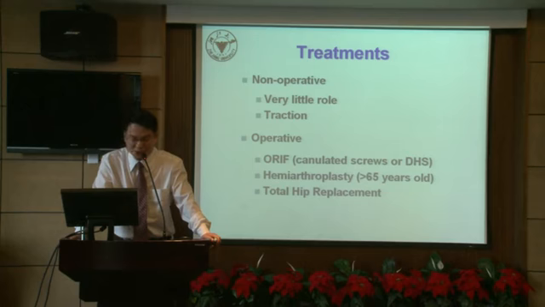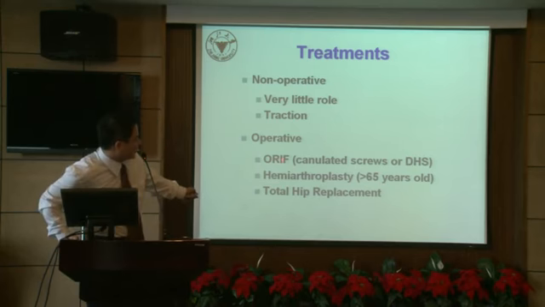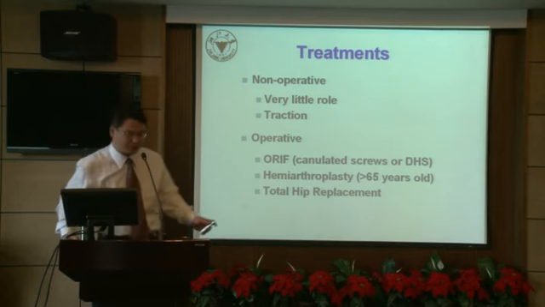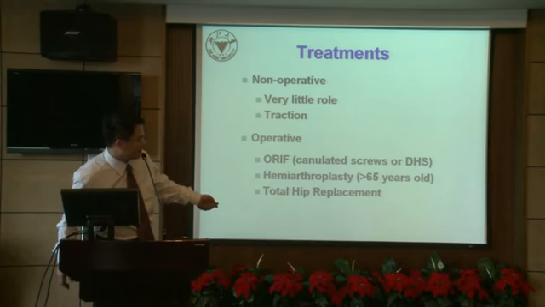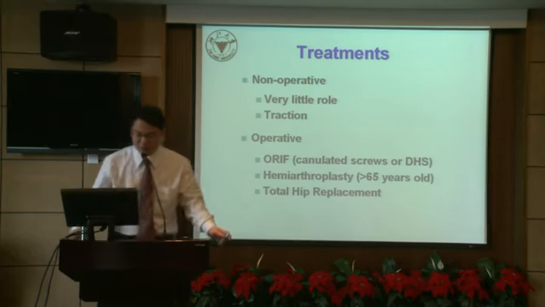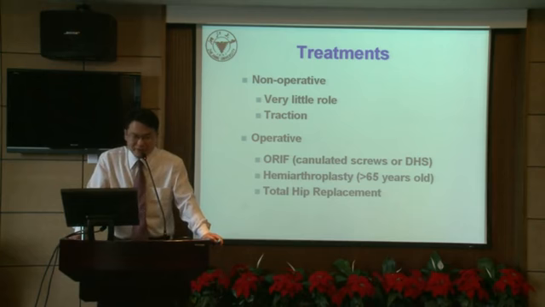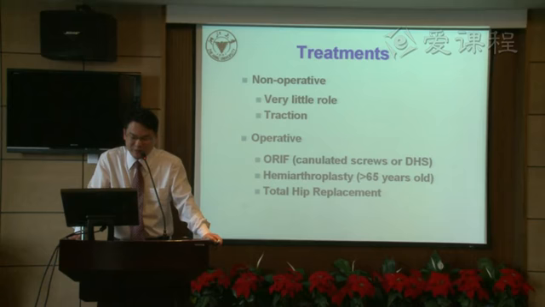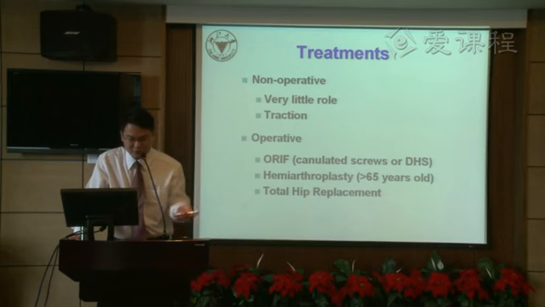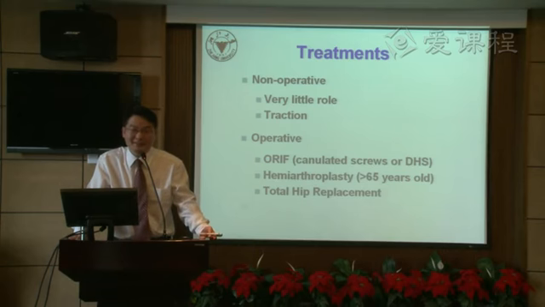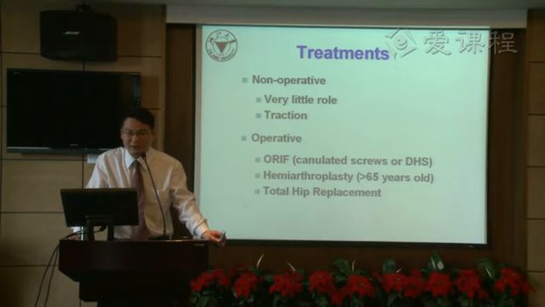For example, we can use open reduction and internal fixation, such as using cannulated screws or a dynamic hip screw. For older people, particularly those older than 65 years, we can use hemiarthroplasty, and in some cases we use total hip replacement. That means we do not try to heal the fractured bone. We simply replace the hip joint for early rehabilitation.